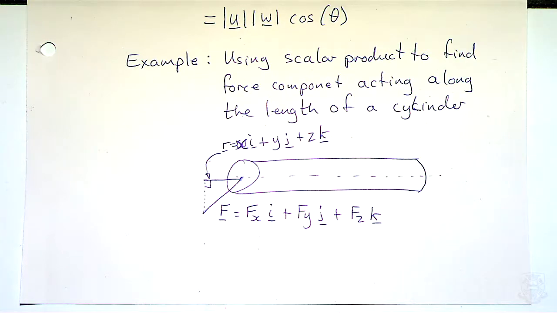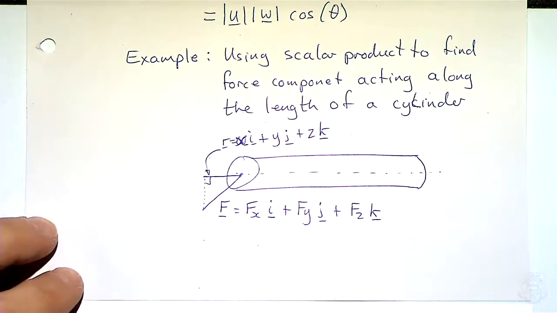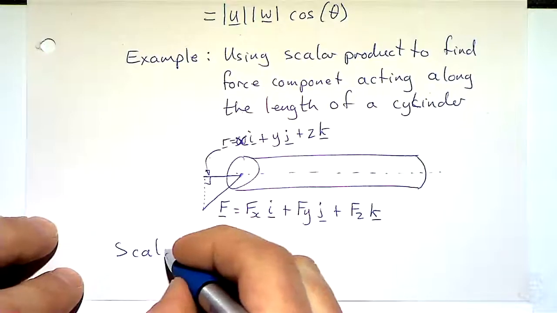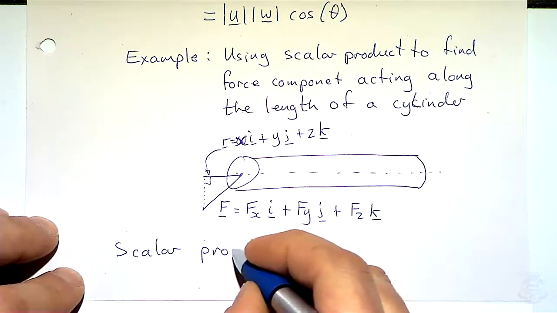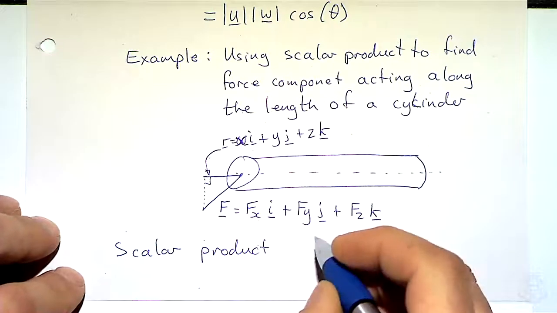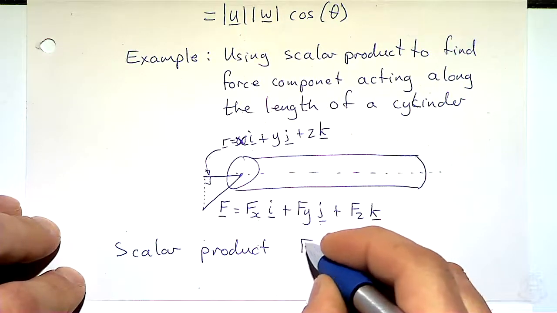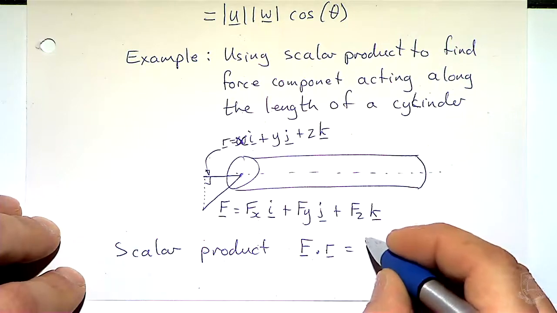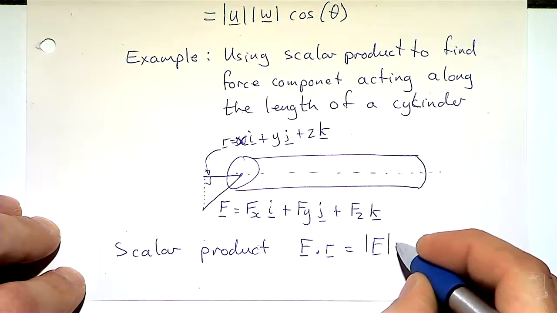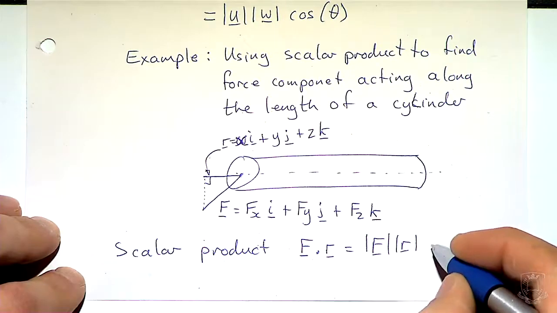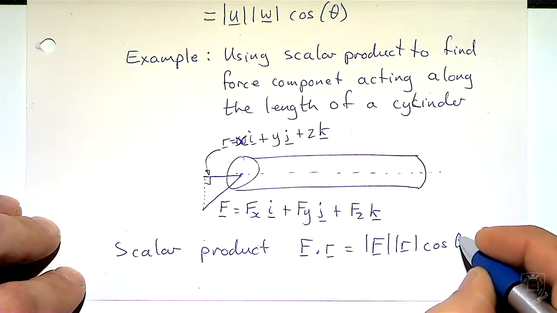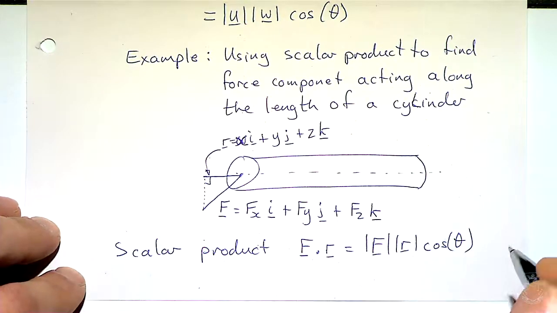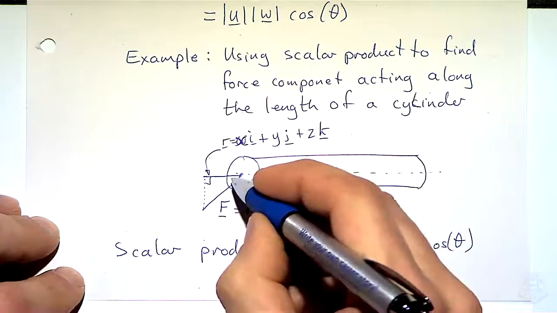So the scalar product of those two vectors, F dot r, is equal to mod F mod r cos theta, and theta of course is this angle in here.